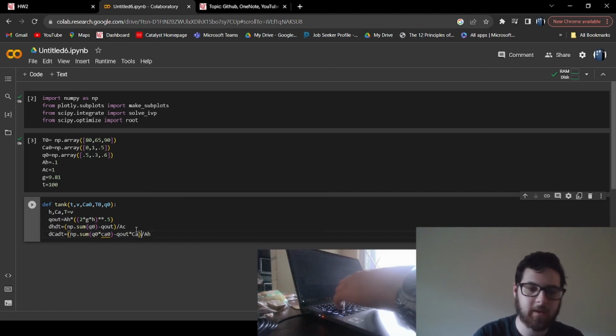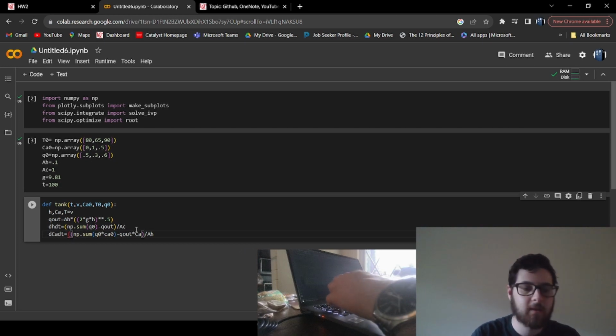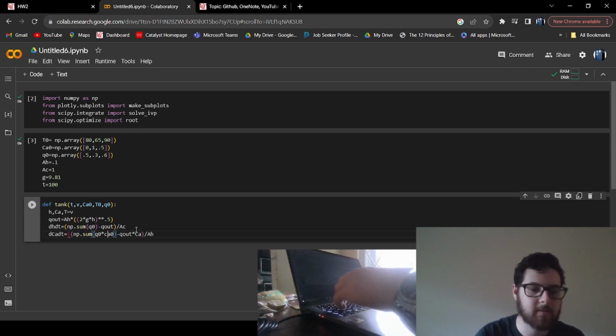No, I need some more parentheses here because I also need to multiply this by the differential equation, dH dt, because it was changing height.